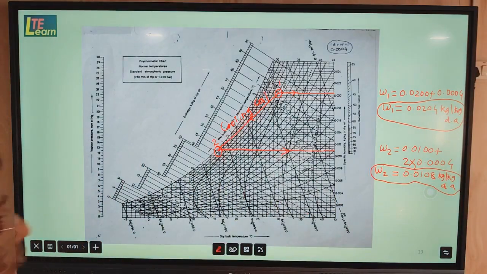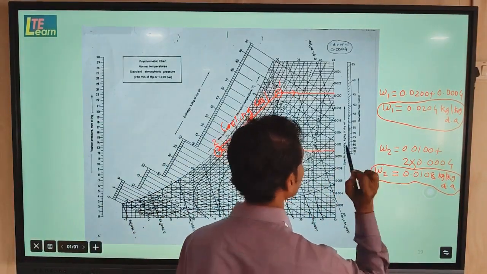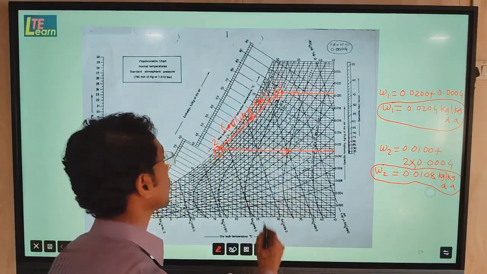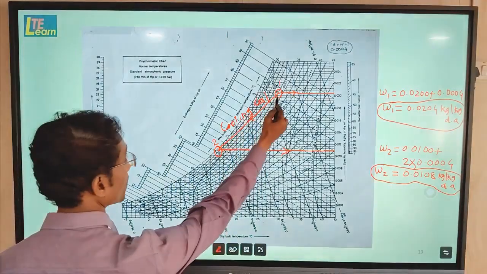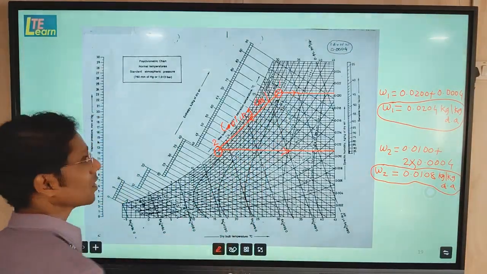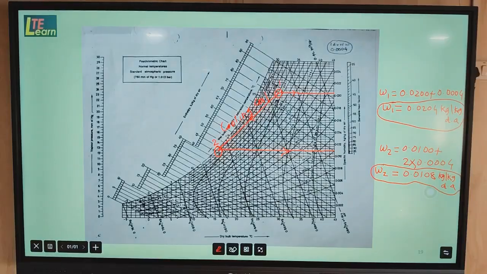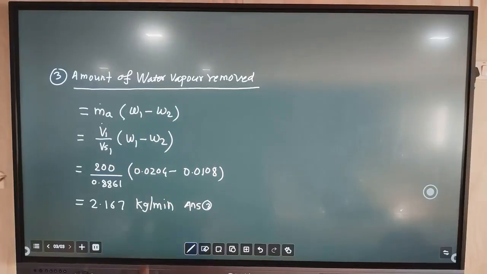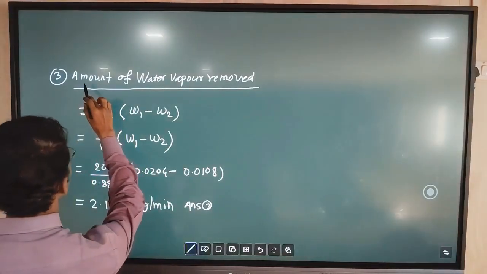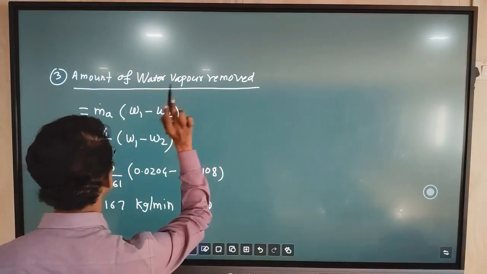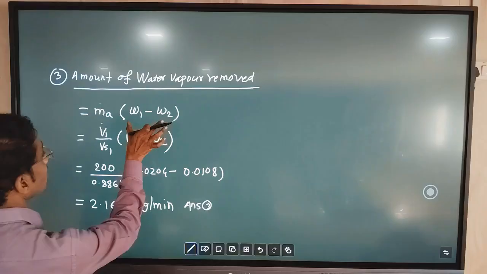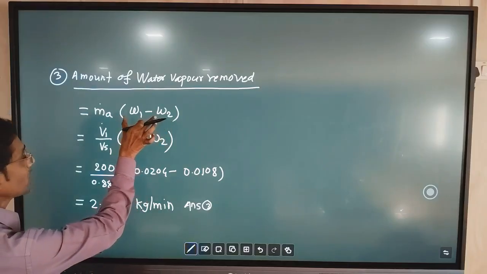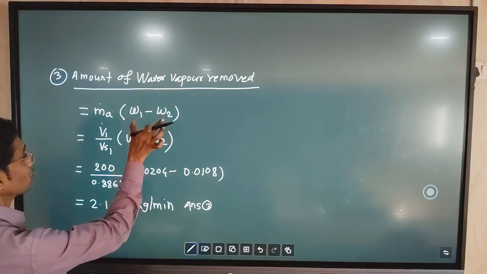So now these 2 values, W1 and W2, we will use for the calculation of the water vapor removed during this cooling and dehumidification process. So for that, let us go to the calculation page. So under this subheading, amount of water vapor removed, the formula as per the discussion is m dot A into humidity difference during the dehumidification process between point number 1 and 2.